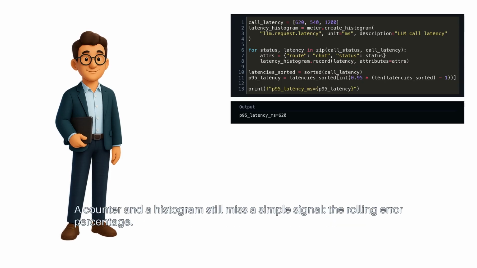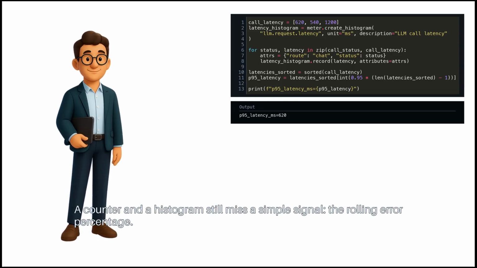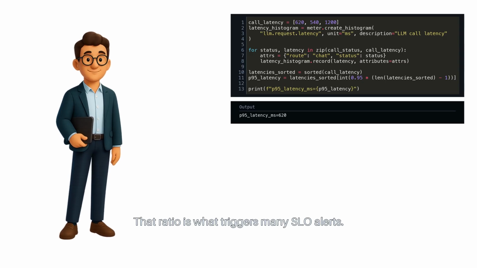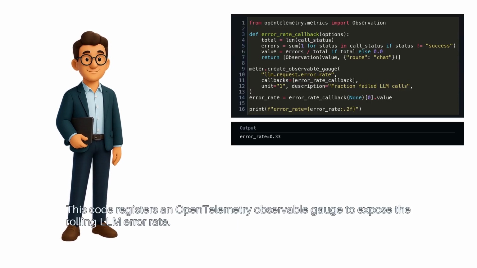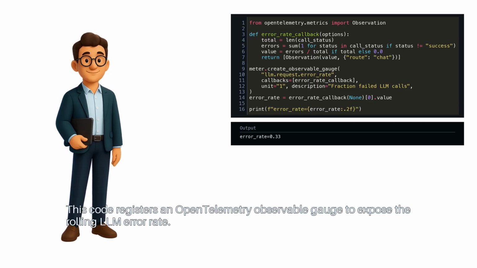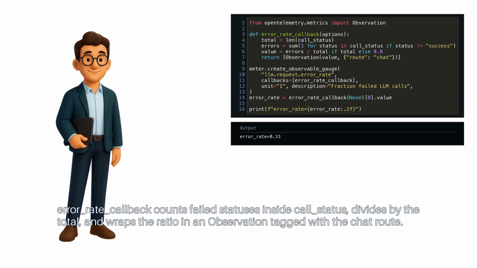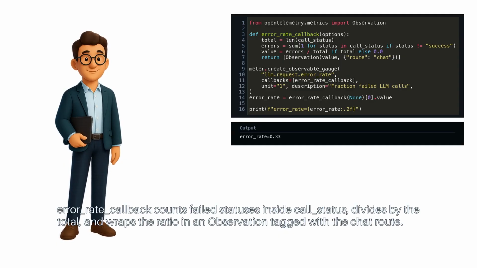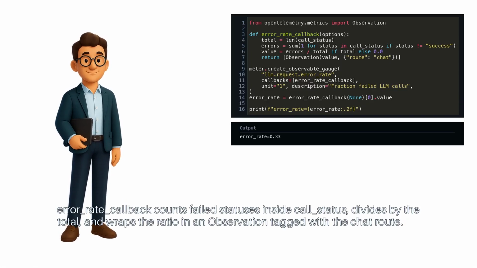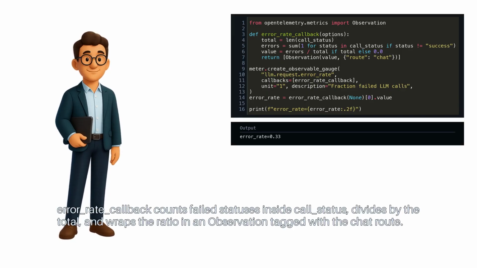A counter and a histogram still miss a simple signal: the rolling error percentage. That ratio is what triggers many SLO alerts. This code registers an OpenTelemetry ObservableGauge to expose the rolling LLM error rate. Error rate callback counts failed statuses inside call status, divides by the total, and wraps the ratio in an observation tagged with the chat route.